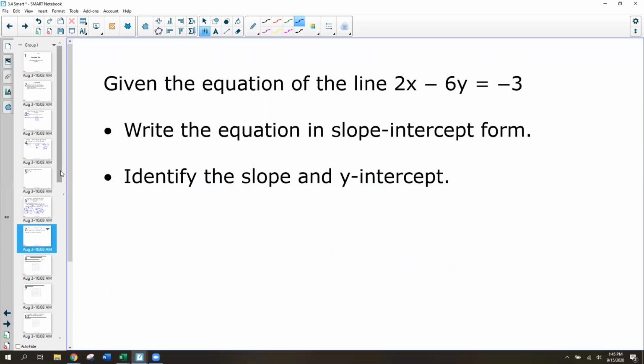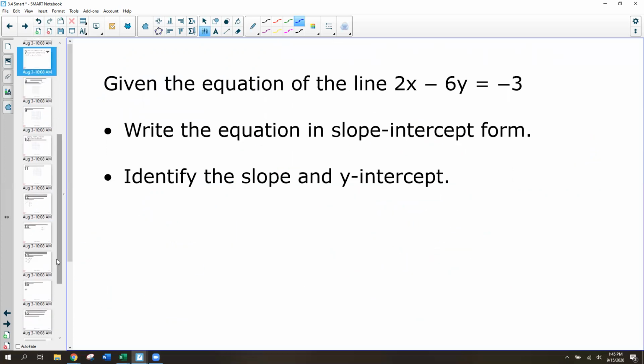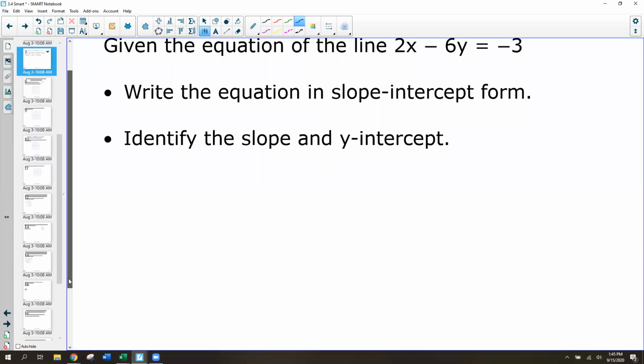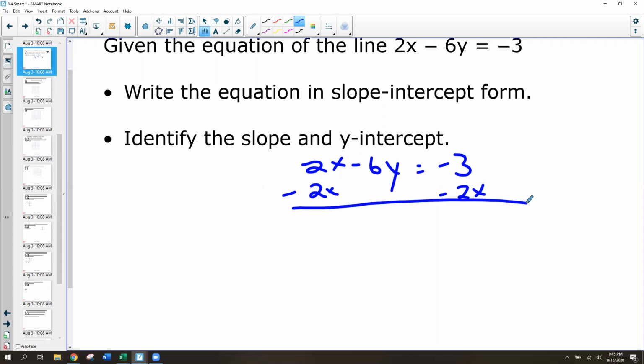So pause for a moment and try it. See if you can do it yourself. Do the transforming of the equation and then identify the slope and the y-intercept. So it's 2x minus 6y equals -3. Move the 2x to the other side. Subtraction. I get -6y equals -2x minus 3, and divide everything by -6.